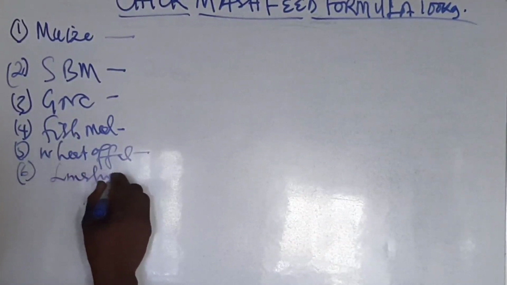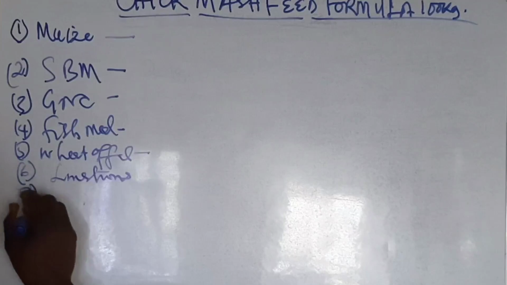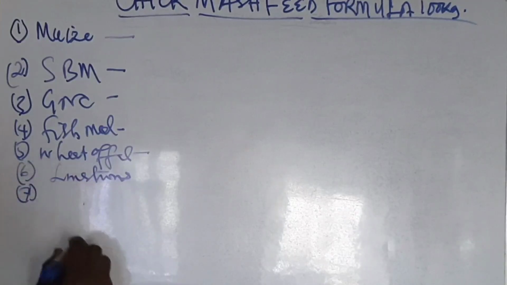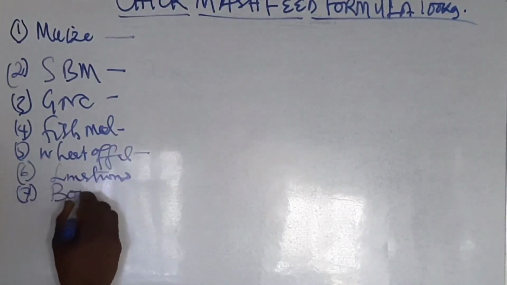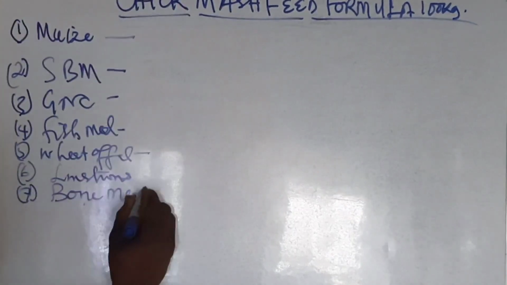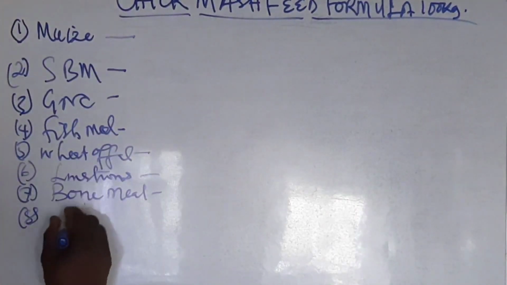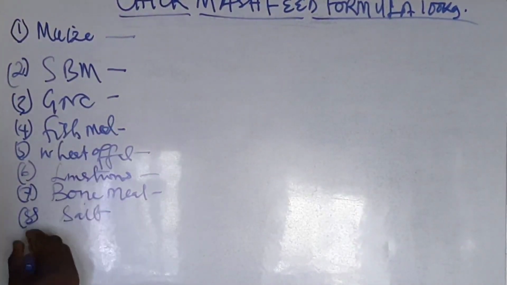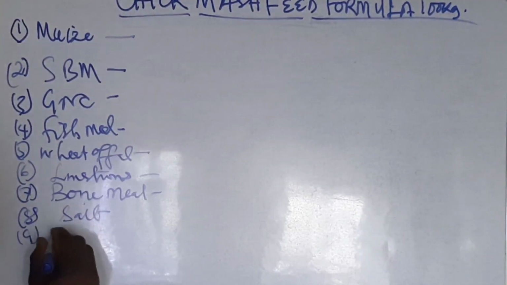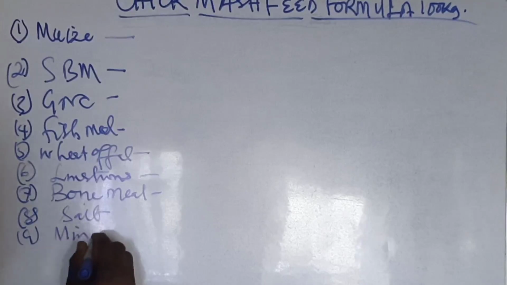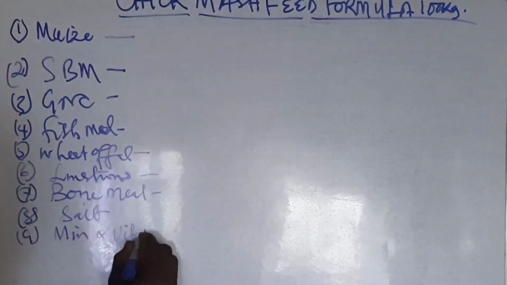These are minerals. 7 is bone meal. 8 is salt. 9 is mineral and vitamin premix.